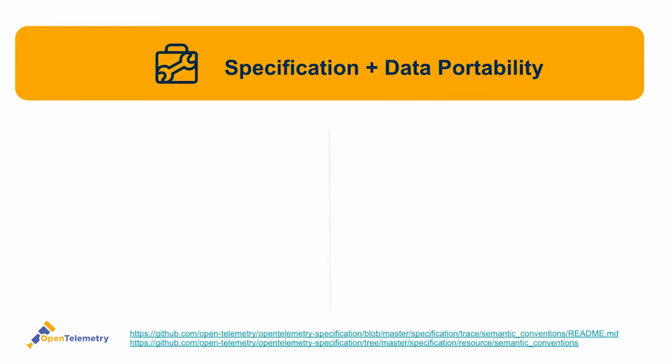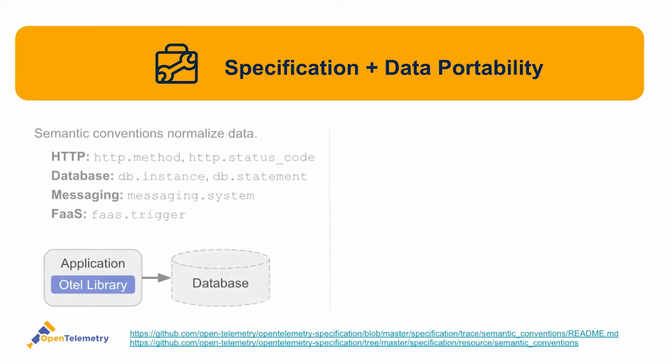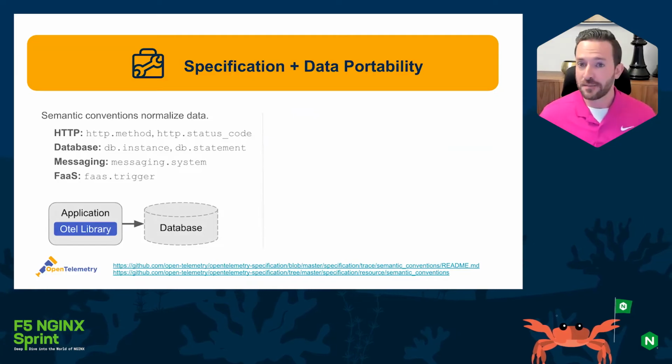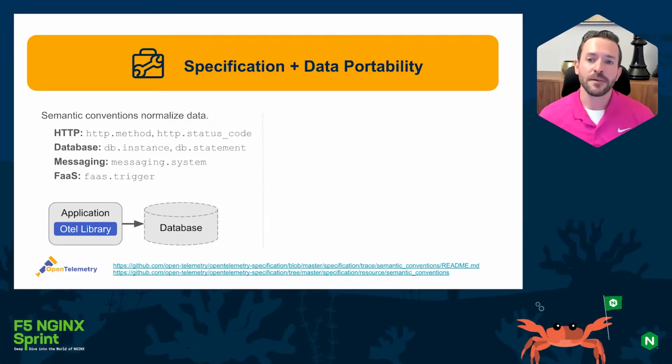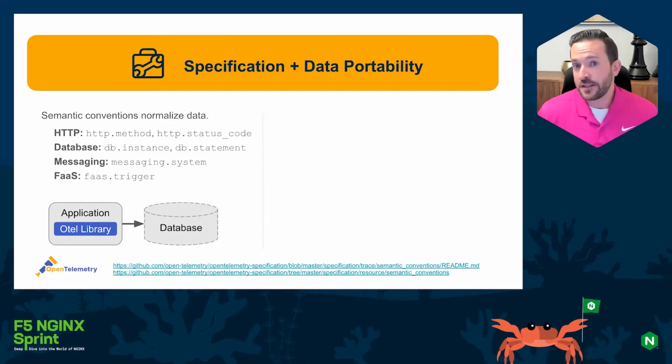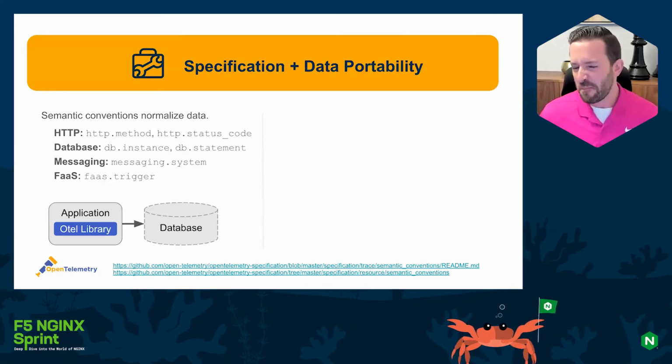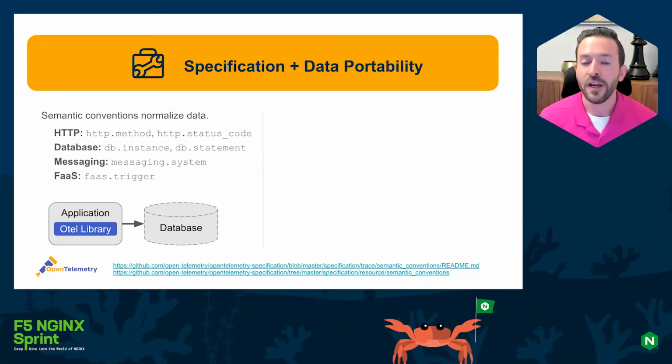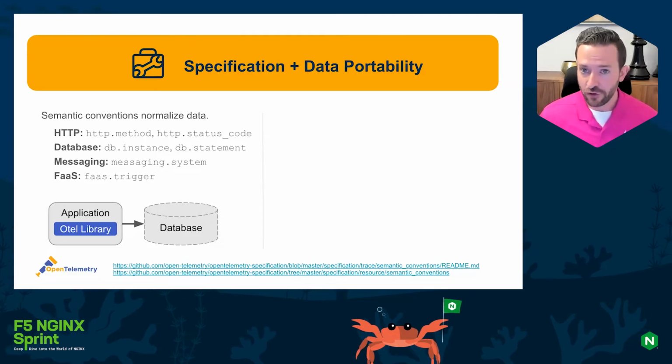First, the specification. Given that the specification is kind of an open standard, it's a little bit hard to talk about all the different aspects of it, but I thought I might be able to provide you a couple quick examples of why it matters. First, let's talk about semantic conventions. So OpenTelemetry has this notion of semantic conventions, which you can think of like metadata, key value pairs that are added to the telemetry data that you're generating.